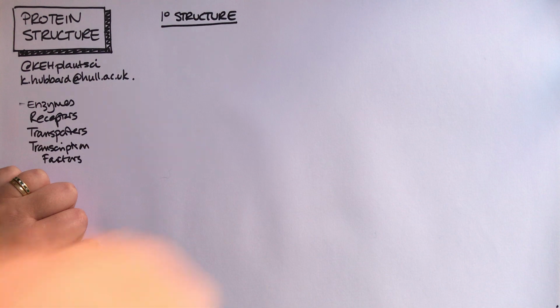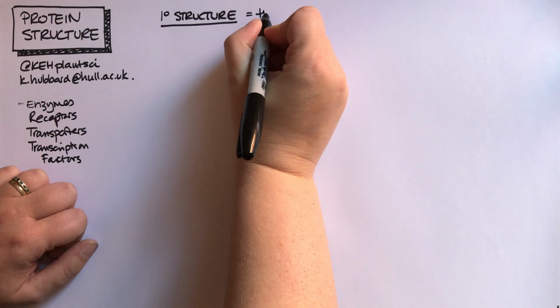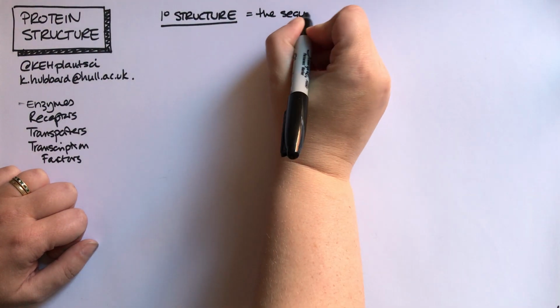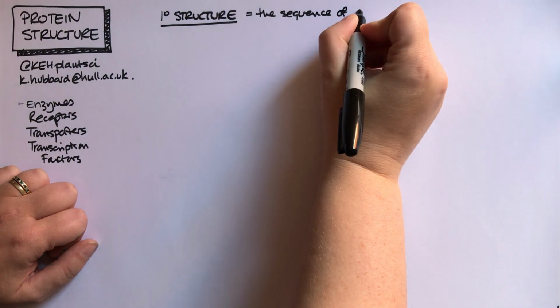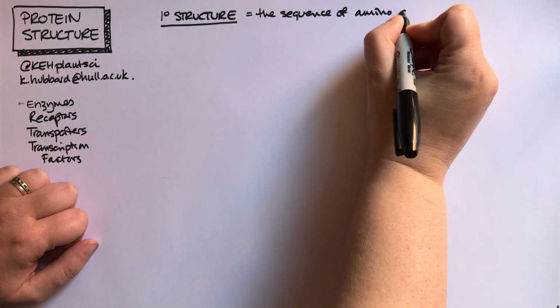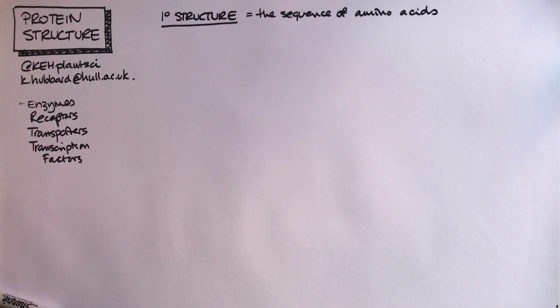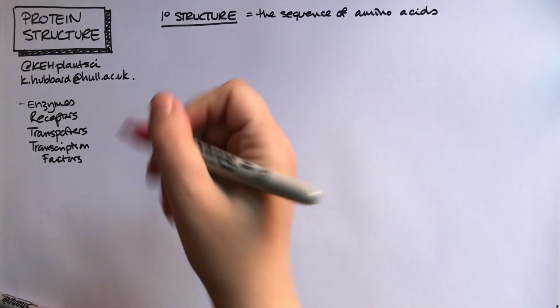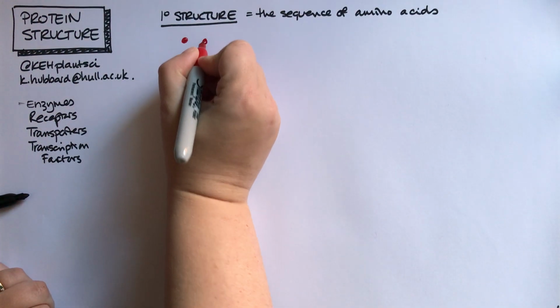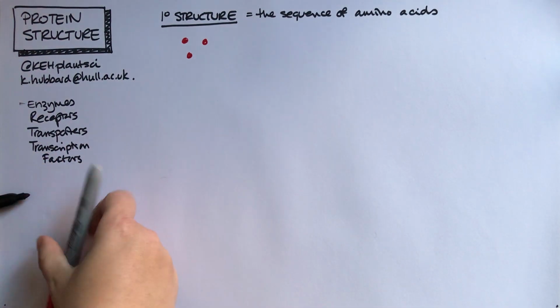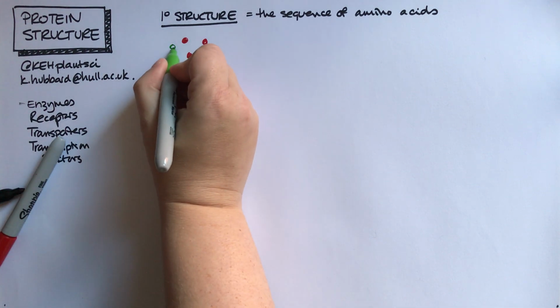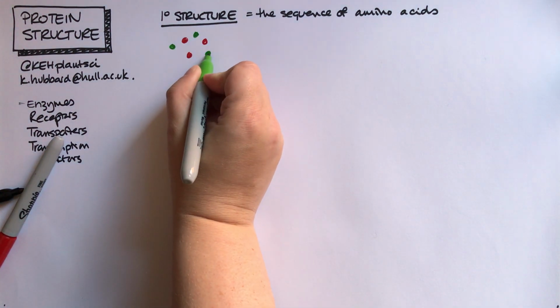The primary structure is the sequence of amino acids. Inside the cell we will have a bunch of amino acids that are just free inside the cell. I'm just going to have a couple of them there. Each of these different colours is a different type of amino acid.